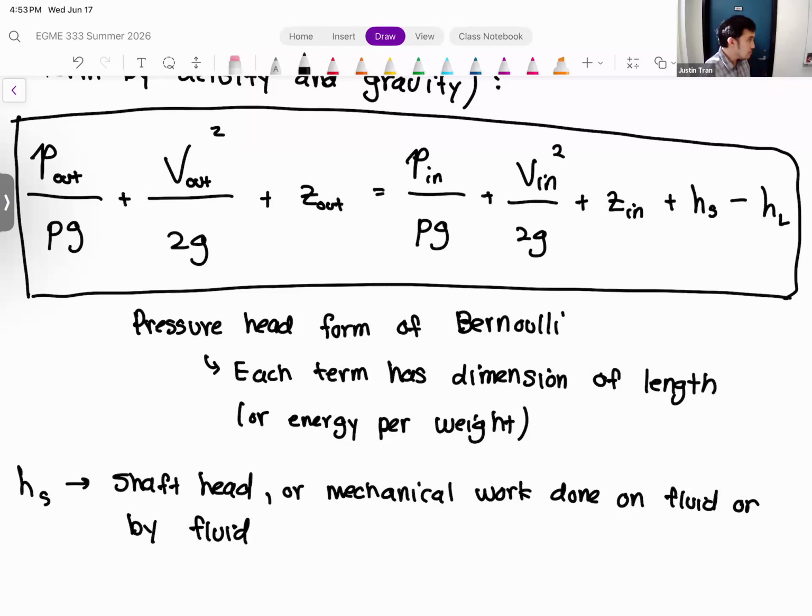And so, again, if you had some kind of pump or turbine that is either inputting energy into the flow or extracting energy from the flow, this is where it would be accounted for.